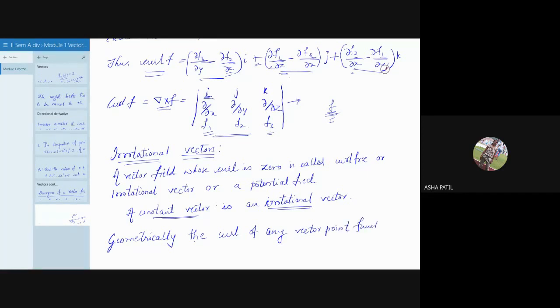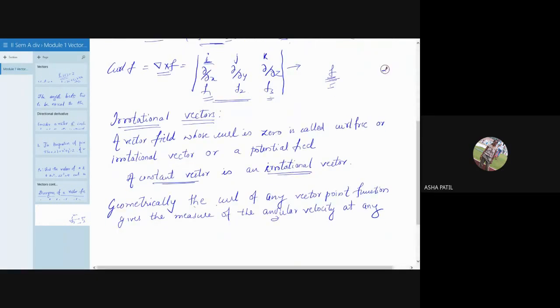The curl of any vector point function gives the measure of the angular velocity at any point of the vector field.